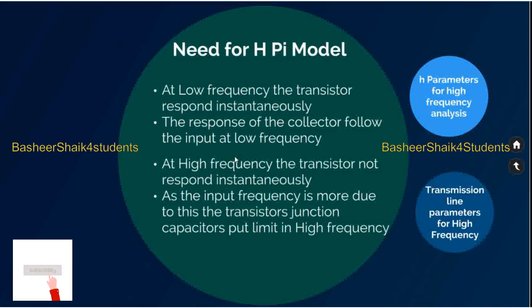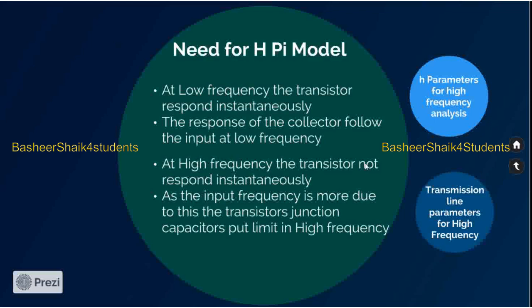Whereas at high frequency, the transistor response does not change instantaneously. It means there is some sort of delay. We come to know that at high frequency, the transistor operation depends purely on the junction capacitance.